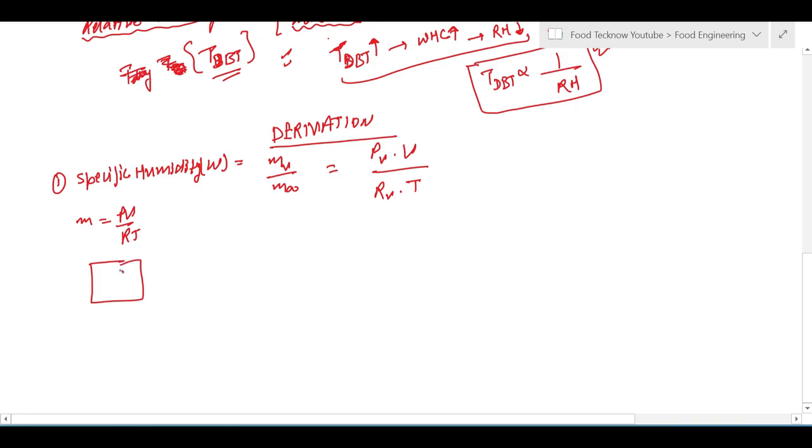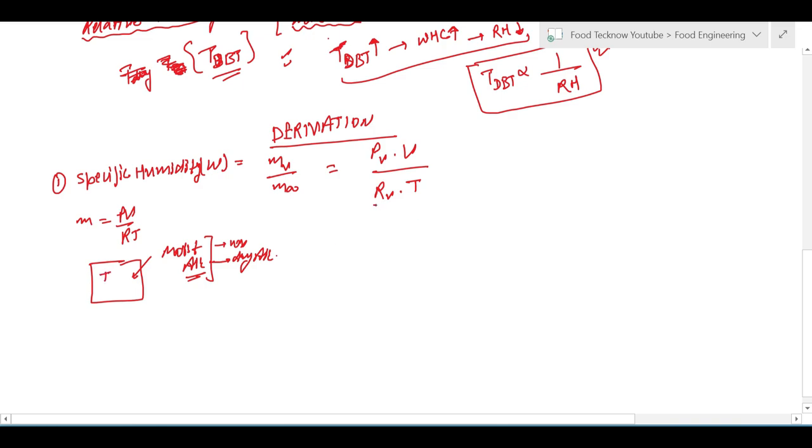Let's suppose this is the chamber, and it contains the moist air. Because the moist air contains the water vapor and the dry air, and both are occupying the full chamber, that is the volume V, that is the total volume. pv is the partial pressure of the water vapor, and Rv is the gas constant for the water vapor, and T is the temperature of this chamber.